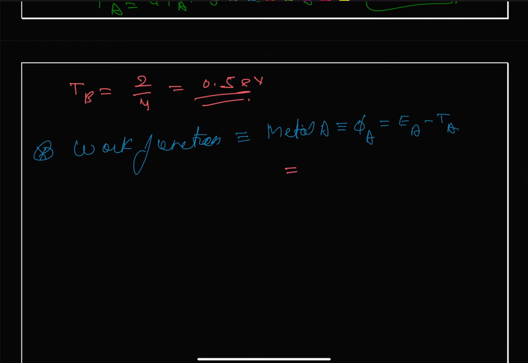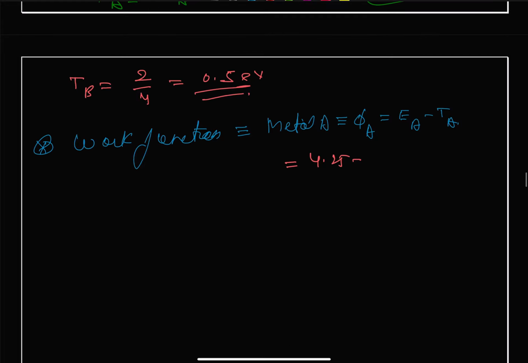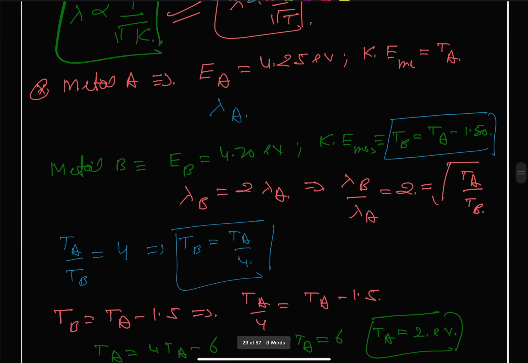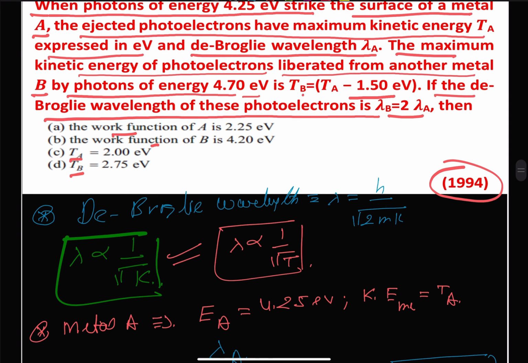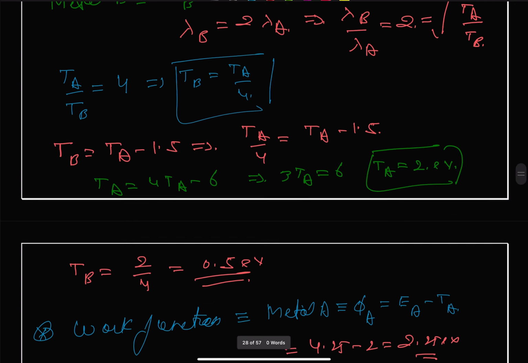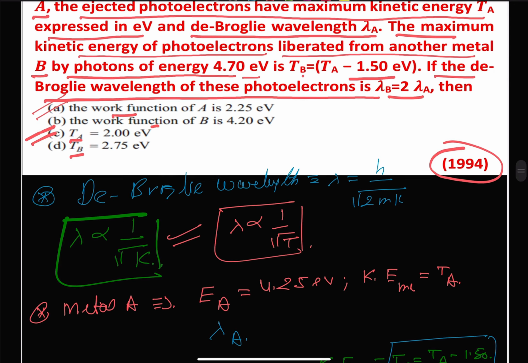We get EA as 4.25, TA we found as 2, this comes as 2.25 electron volt. So work function for A is 2.25 electron volt. So option A is correct, and energy for TA is 2, TB is 0.5, so this is wrong.